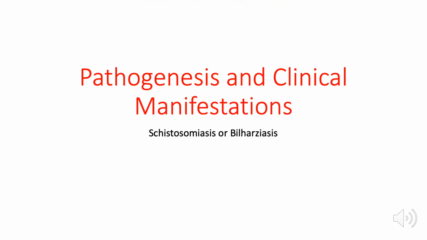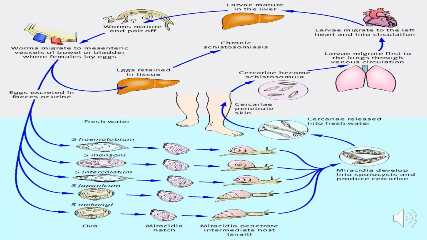We will now be discussing the clinical manifestations and pathogenesis of schistosomiasis, or it's also popularly known as bilharziasis. The infective stage of Schistosoma species to humans is the cercaria, and the cercaria will infect humans via skin penetration.